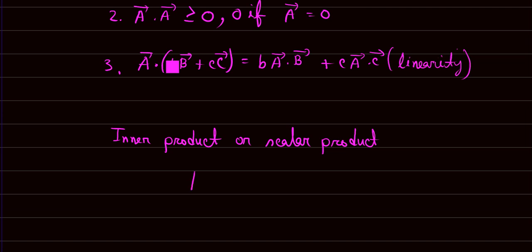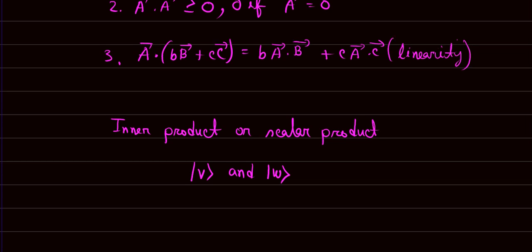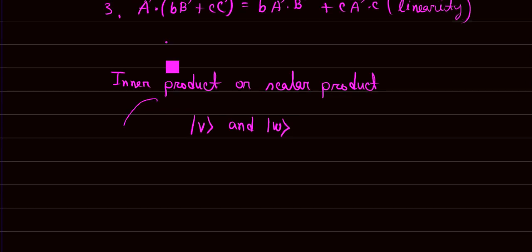From our previous lecture we know we can represent vectors like this. The symbol of the inner product will be denoted by this line.